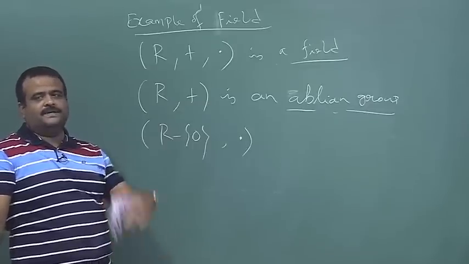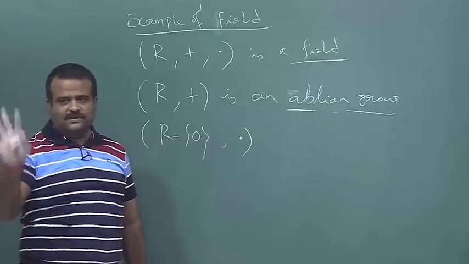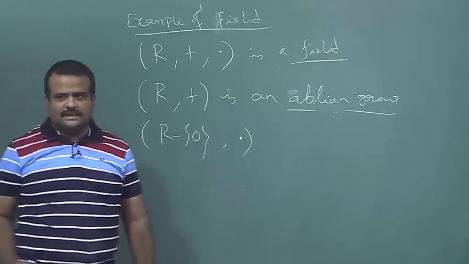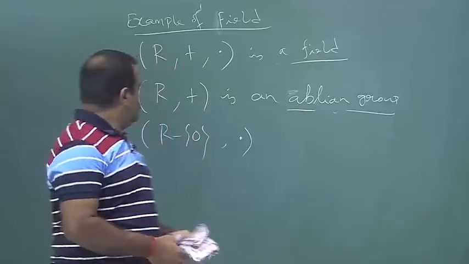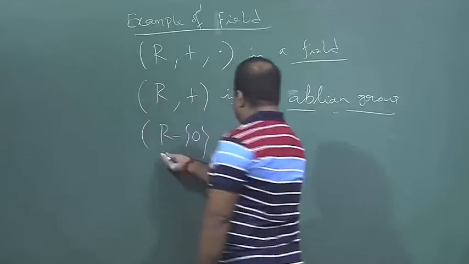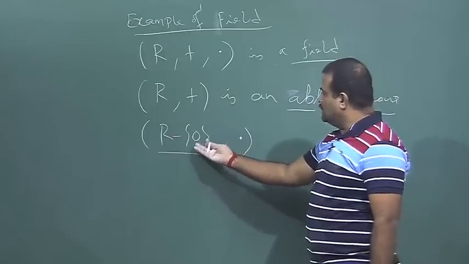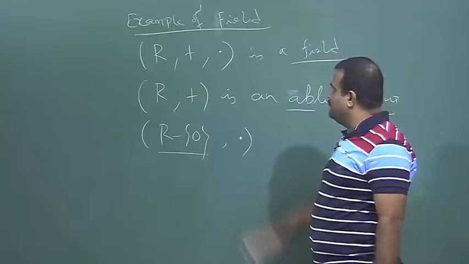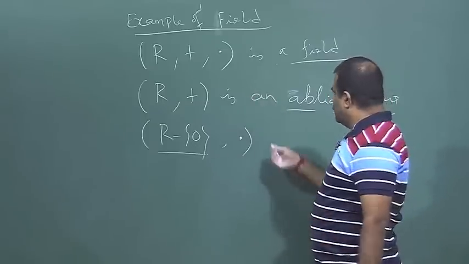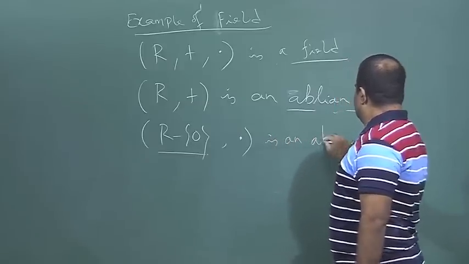We can have an extended real number system where we define 1 by 0 as the symbol infinity, but the real numbers do not include 1 by 0 as an element. Anyway, we do not need to bother about this, because for a field, the identity element 0 of plus not having an inverse is not a concern. So this is also an abelian group.